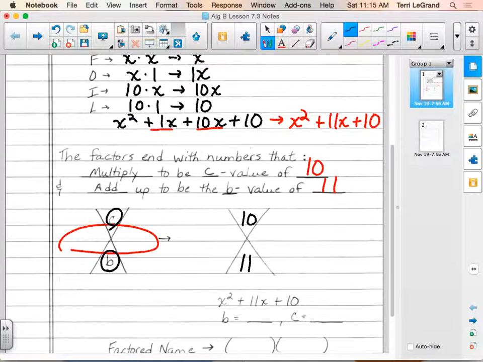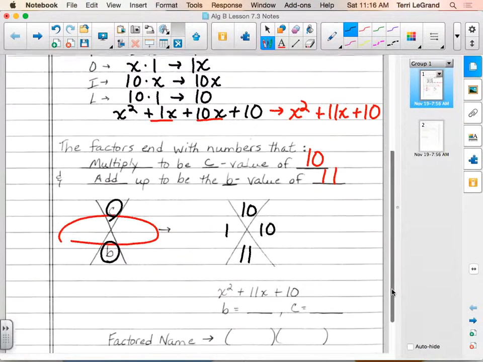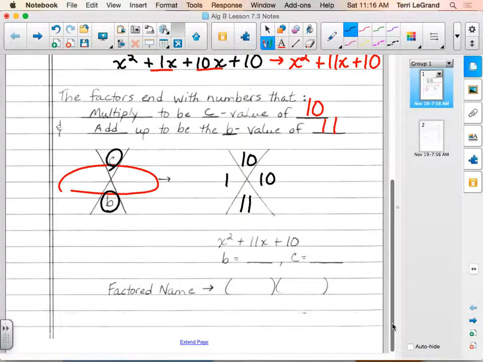But remember, they also have to add up to be 11, so we had 4 pairs there, but our pair has to add up to be 11. So the pair that's going to work for us is the 1 times 10, or 10 times 1. Remember, order does not matter in multiplication. So, x squared plus 11x plus 10, where b is equal to 11 and c is equal to 10.